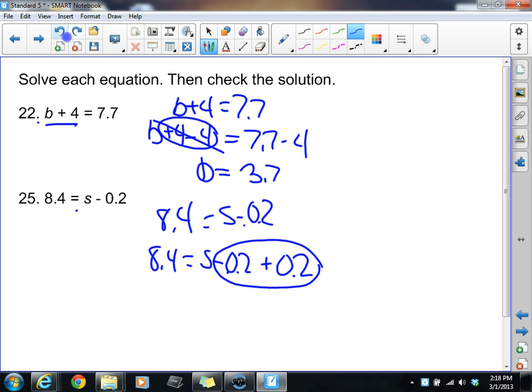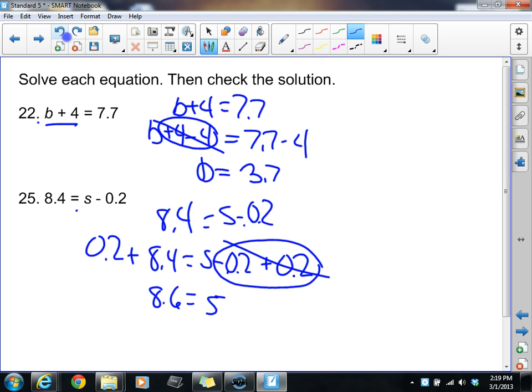Minus 2 tenths plus 2 tenths is going to cancel each other out, so I'm left with s on this side. And then I have 2 tenths plus 8 and 4 tenths. So the answer is going to be 8 and 6 tenths equals s.